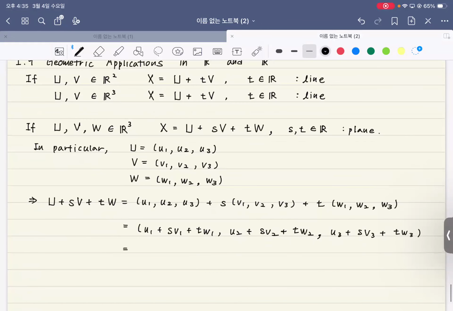And this equals X, the vector X. It has three coordinates: the x coordinate, the y coordinate, and the z coordinate.